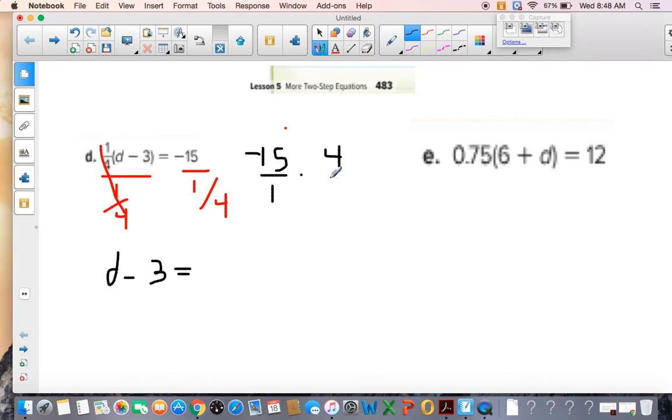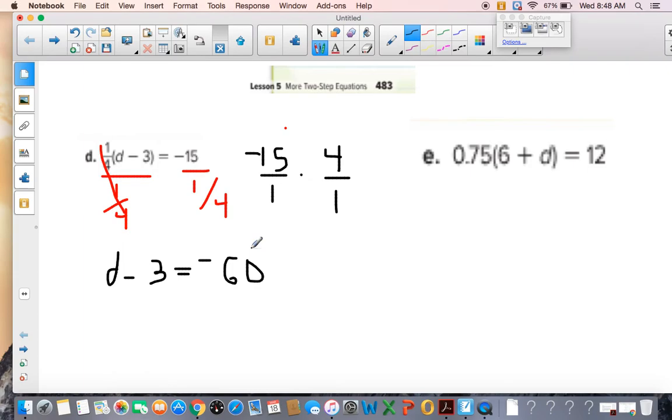So now we have negative 15 times 4, which gives us negative 60.